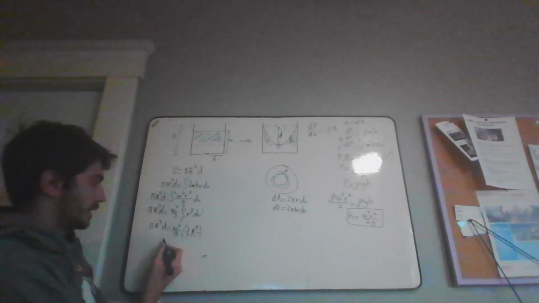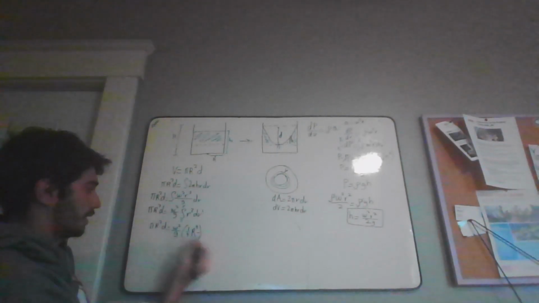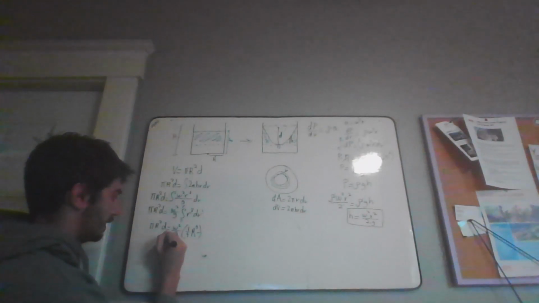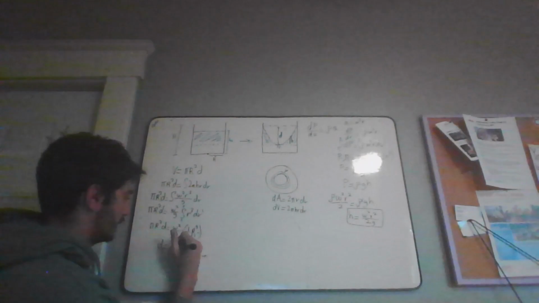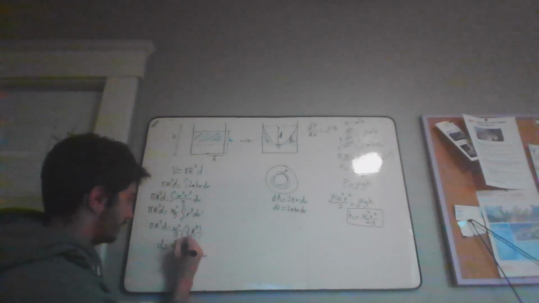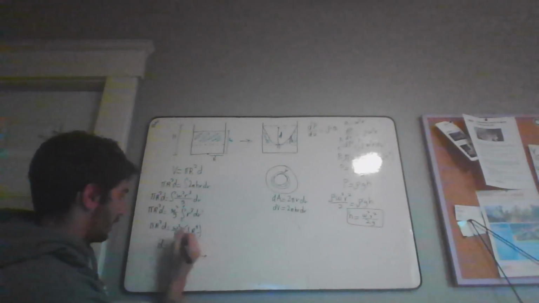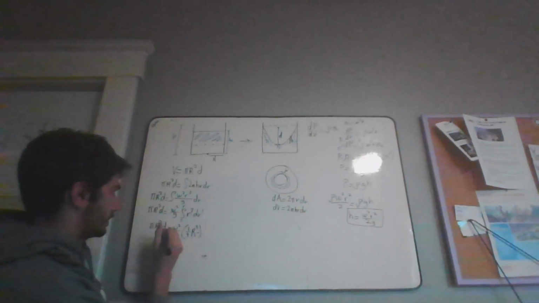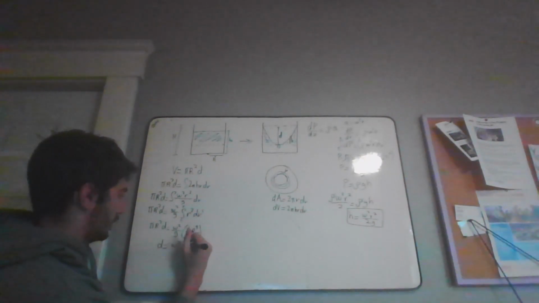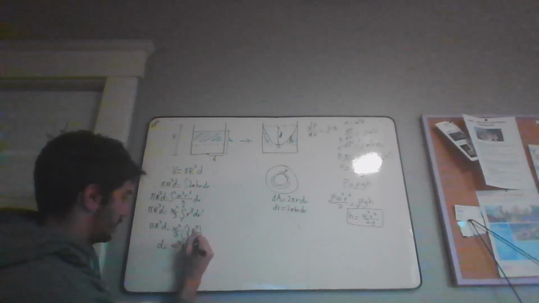So what we can do is just write r squared off both sides so that we get the value for d, for the depression, to be omega squared and then multiply by r squared by g.